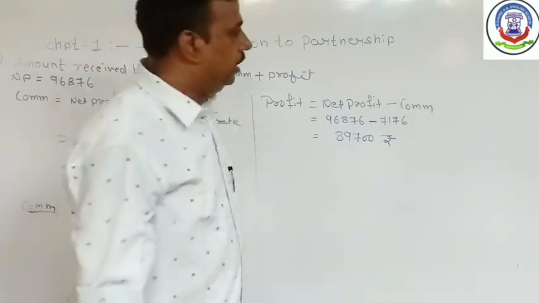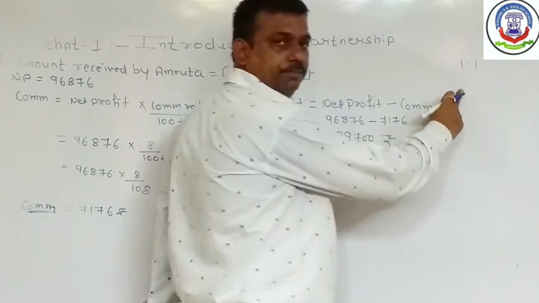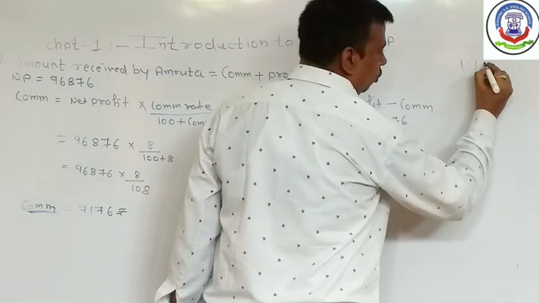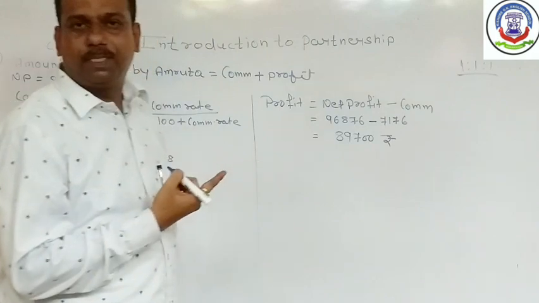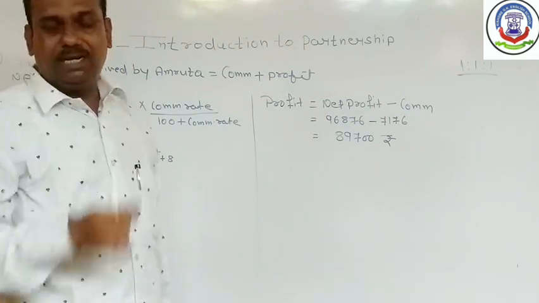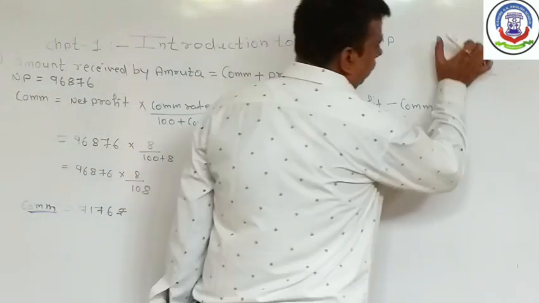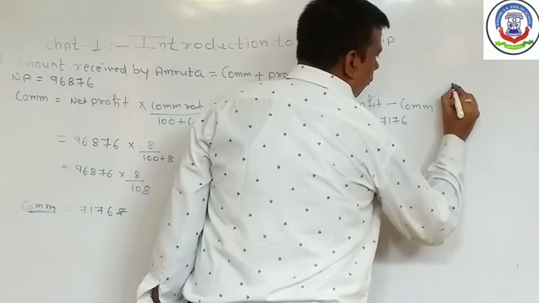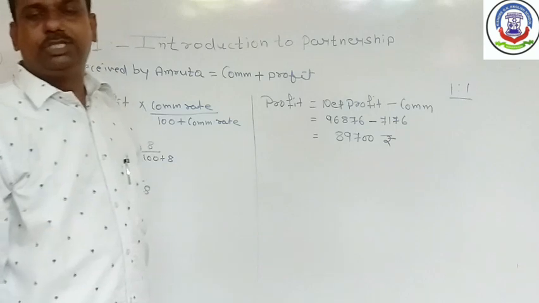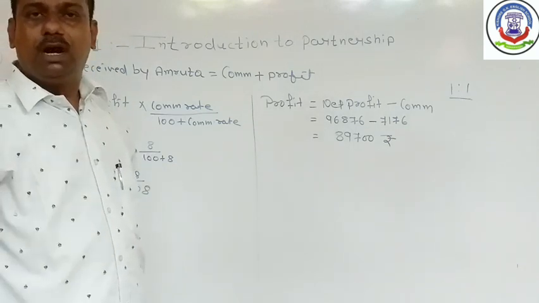If two partners are there, 1:1. If three partners, 1:1:1, equally. In this sum, two partners are there, so the profit sharing ratio will be 1:1.